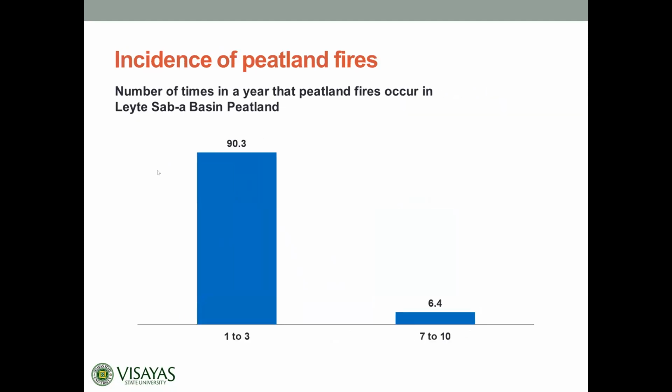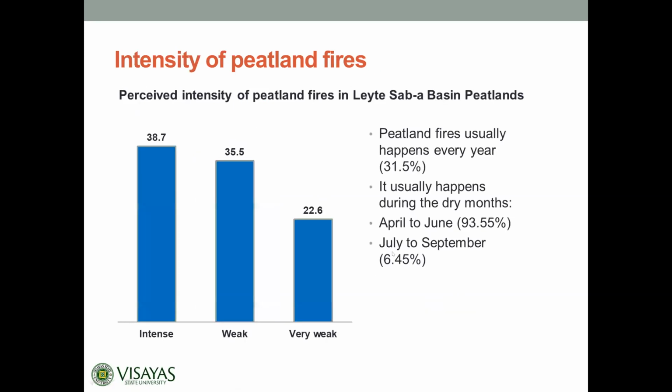So in terms of the number of times in a year that peatland fires occur in Leyte Saba Basin peatland, 90.3% of the respondents said that they would notice 1 to 3 times in a year. And to the extreme, we have 6.4% of the 54 respondents who claim that they have seen and witnessed 7 to 10 times in a year.